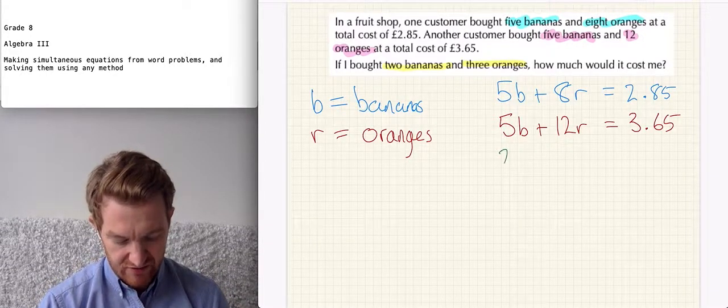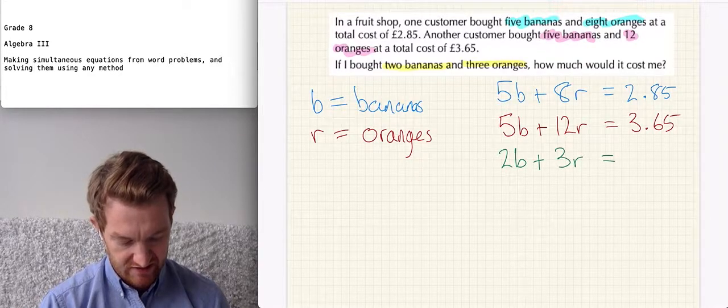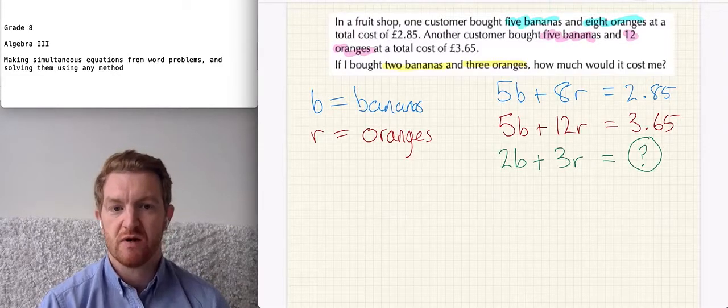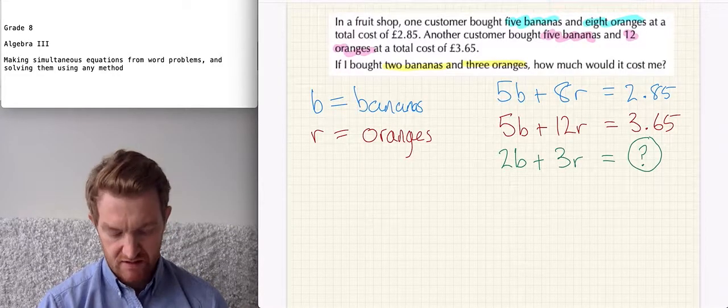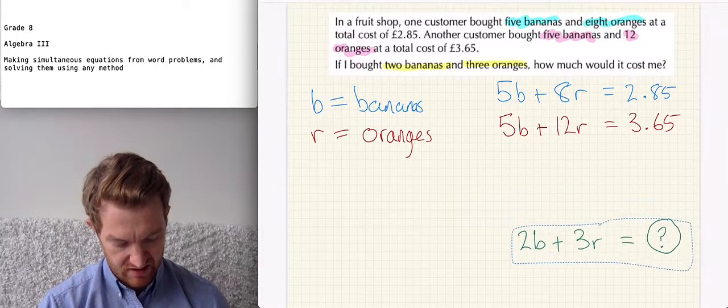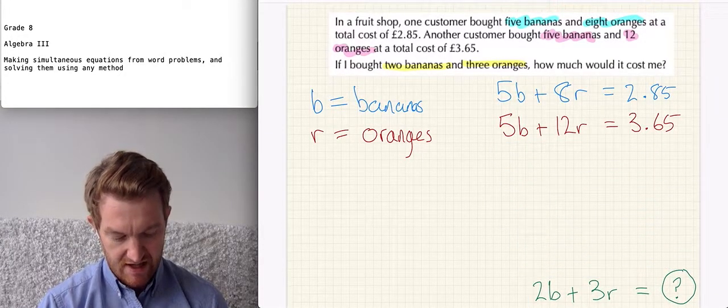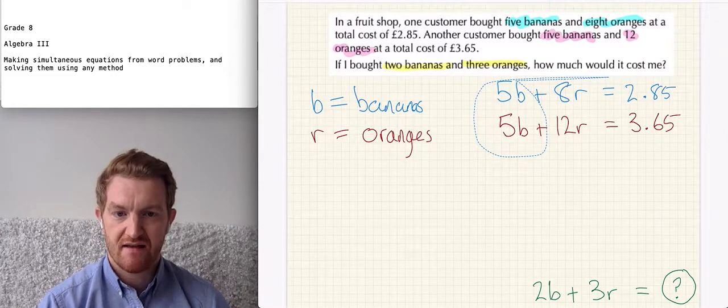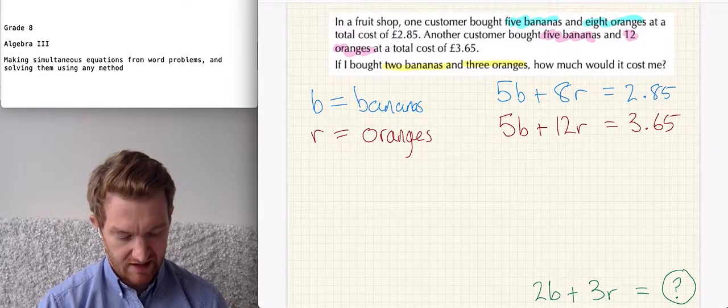So essentially it's saying 2 bananas and 3 oranges is going to be something, and that's something we're trying to work out. So we're going to ignore that bit for a second. We're just going to tuck that in the corner, and straight away hopefully we can see, oh look, we've got 5 B's there, 2 of the same. This is a classic elimination method question.